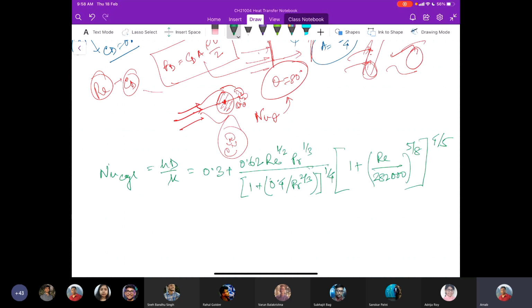So it's a complex one basically, but depending on the Reynolds number and Prandtl number, you have a relation for the Nusselt number, the average Nusselt number to be precise, for a cross flow over a cylinder. These are proposed by the researchers Churchill and Bernstein.